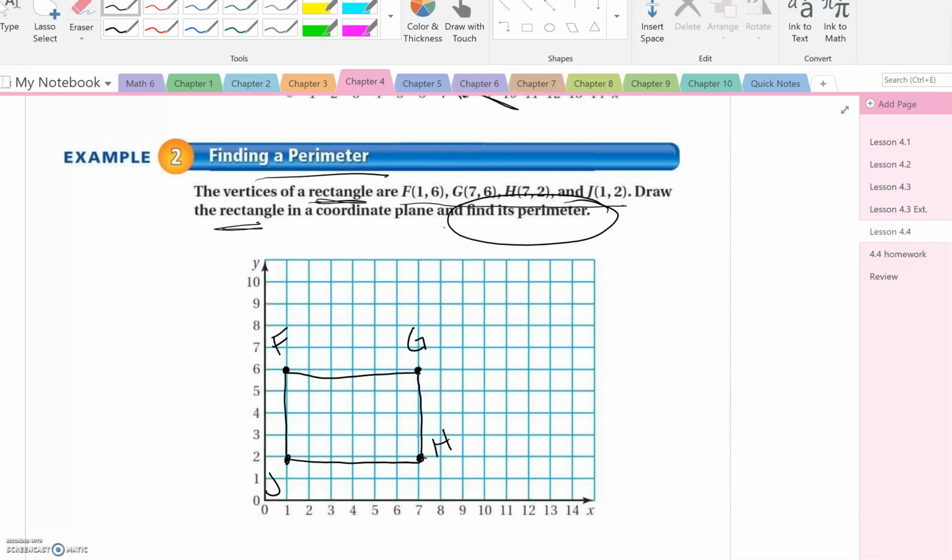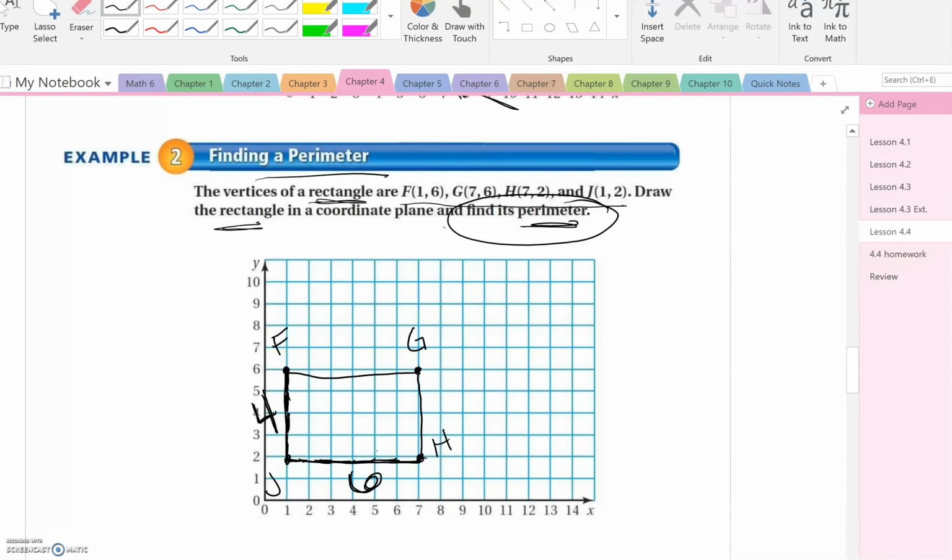All right, next you want to find its perimeter. How do you find perimeter? You want to add up all your sides. So remember, you want to count the spaces. So that's 1, 2, 3, 4 spaces long here. Okay, 1, 2, 3, 4, 5, 6 spaces there. So it's a rectangle.